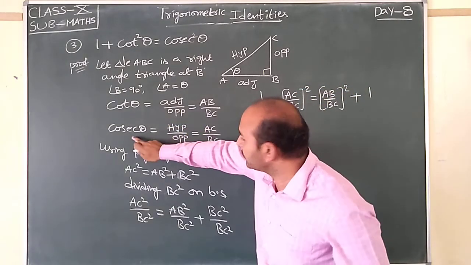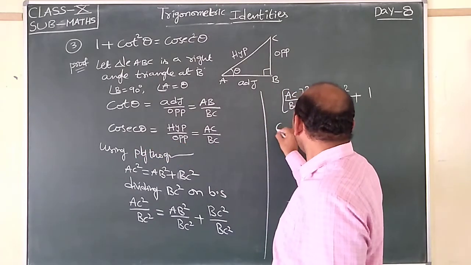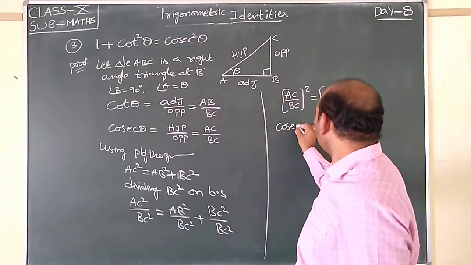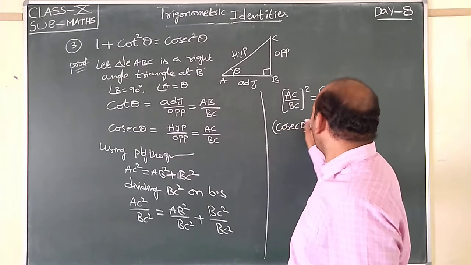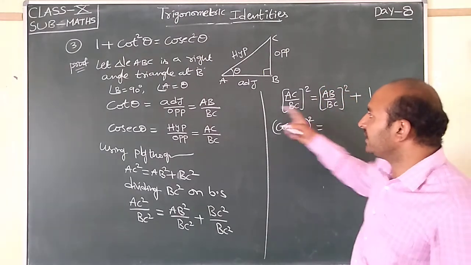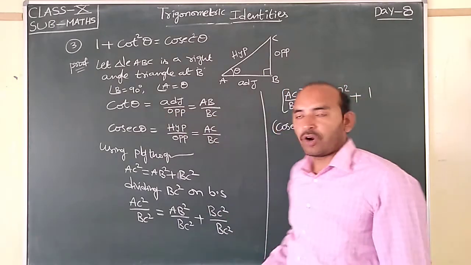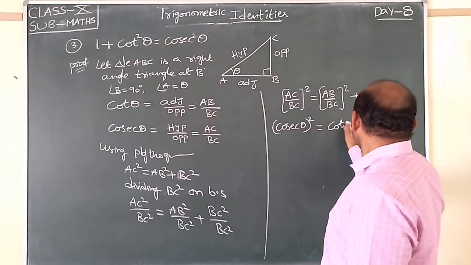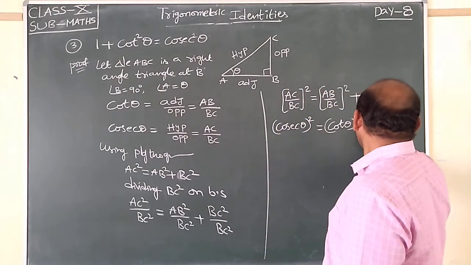AC by BC is equal to cosecant theta, right? Instead of AC by BC, you can write cosecant theta whole square is equal to AB by BC whole square plus 1. AB by BC is cot theta, so write cot theta whole square plus 1.